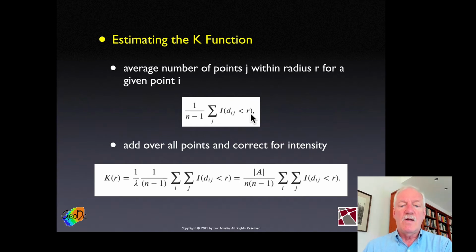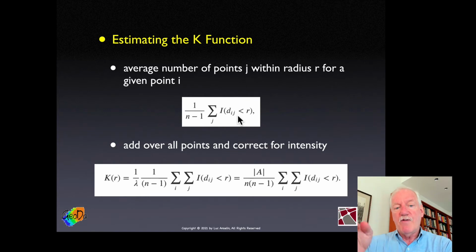If not, it's 0, and we don't count it. And then since we have i as a given, there are n minus 1 other points that we need to consider. And so the average over all these other points is what we compute for each point i, and then we sum that over all the points.